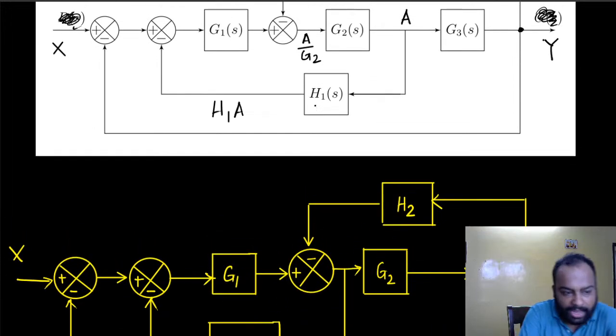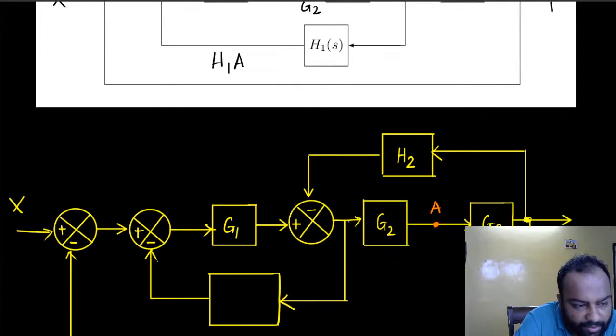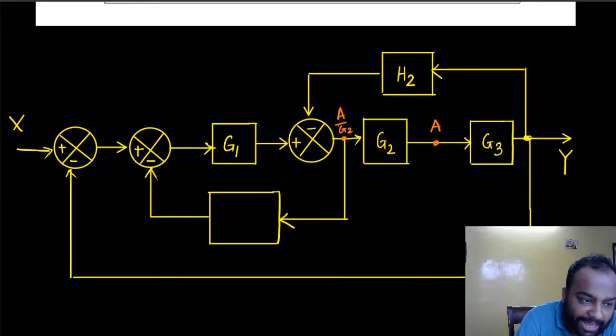But now in my drawing, look very carefully. What was this signal? This signal was A. What was this signal? This signal was A by G2. So what is this one receiving? It is receiving A by G2.